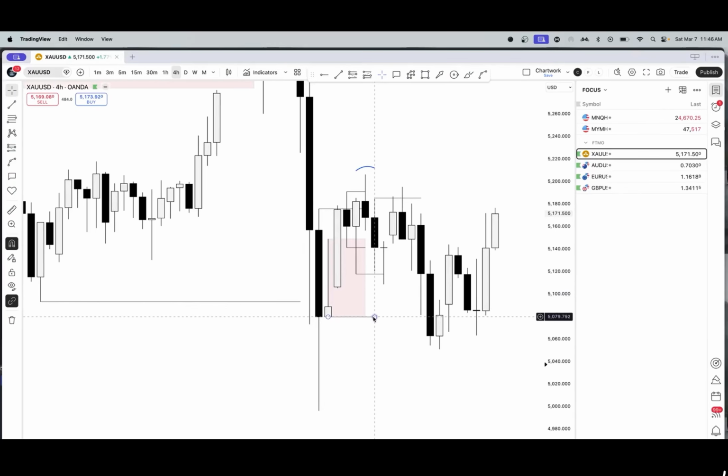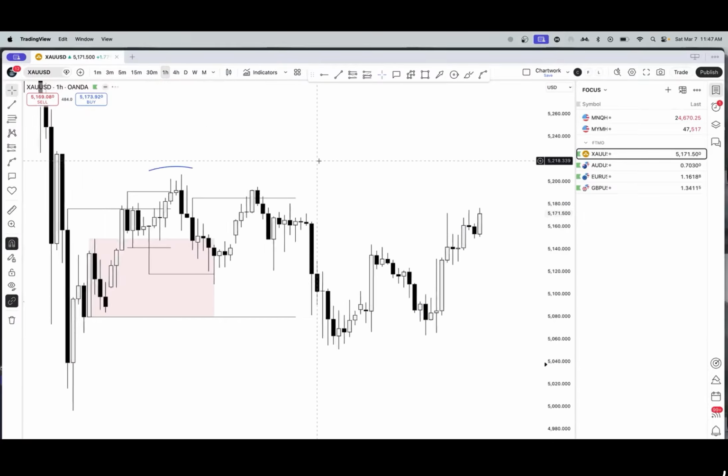Since we want to see that inducement low get taken, we need to see some sort of build up happen. So all this is clearly showing you that we have some sort of build up. We react off of this area after taking a low, induce higher again, taking out the inducement high. Respect that LB. So let's go lower.